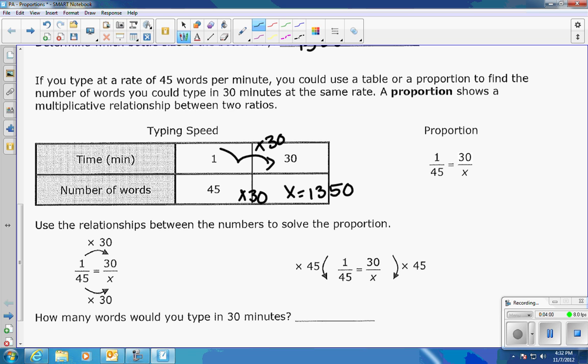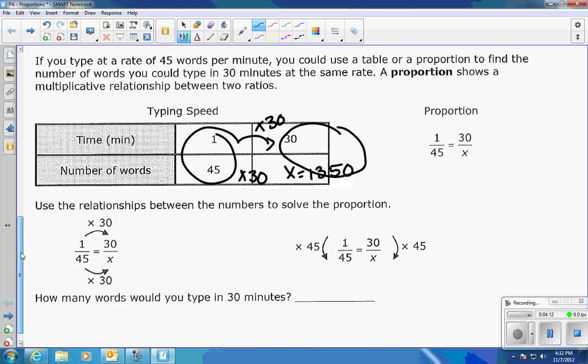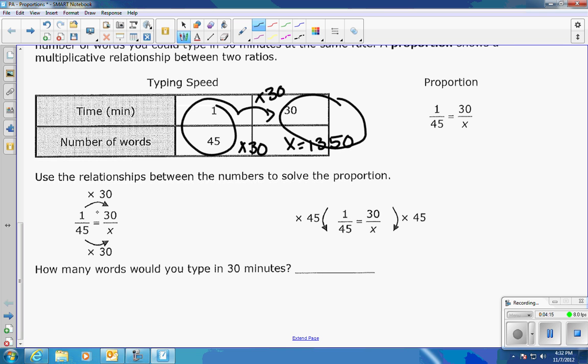So we could take this ratio, and they should be equal because this one is increased by the same amount as this one. So this ratio equals that ratio. Using that relationship we just talked about, to get from 1 to 30, you multiplied by 30.